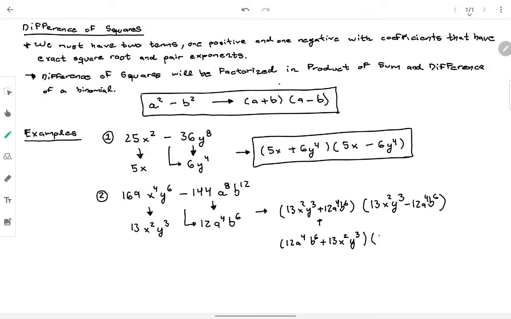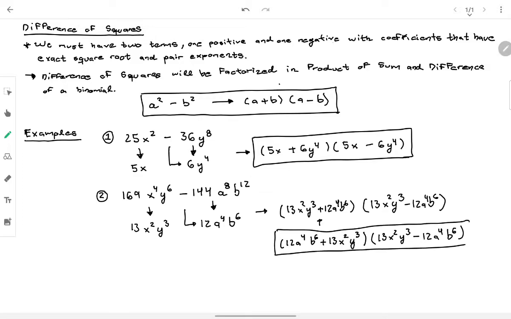So it's going to be 13x squared y cubed minus 12a to the 4 b to the 6. We cannot take out anything of the parentheses because 12 and 13 don't have anything in common. The letters are different, so this is going to be the final answer of this specific exercise of a difference of squares. So let's see another example.